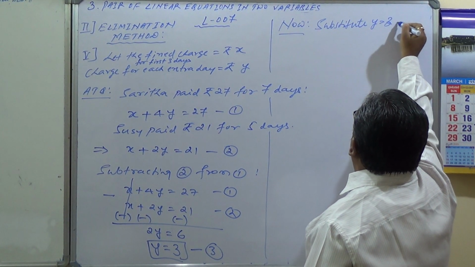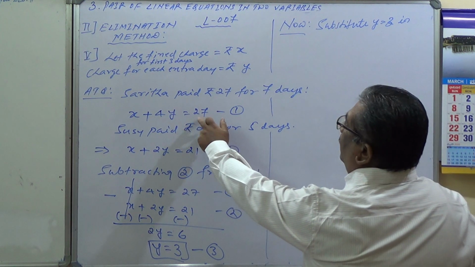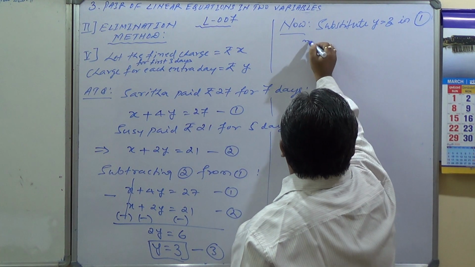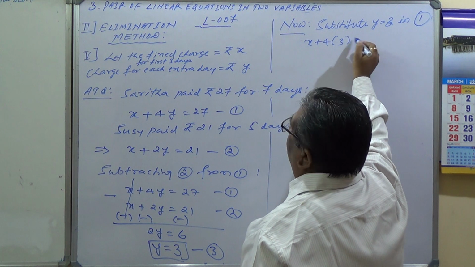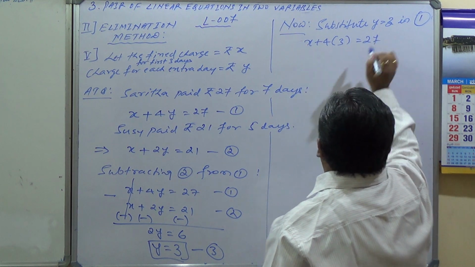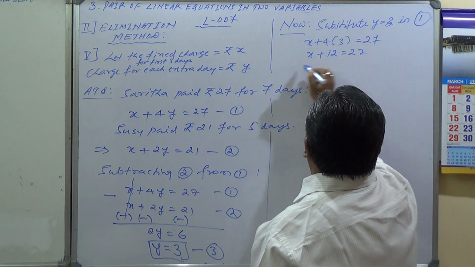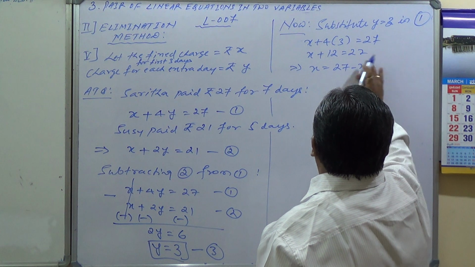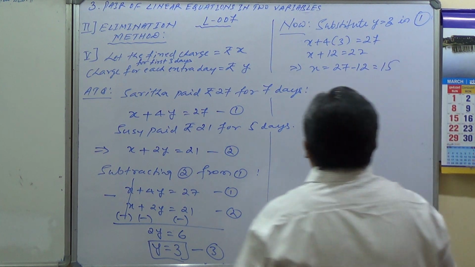Now, substitute Y equals 3 in which equation? You take it here in equation 1. In equation 1, that is X plus 4 times 3 should be equal to 27. So X plus 12 equals 27, which implies X equals 27 minus 12, which is equal to 15.